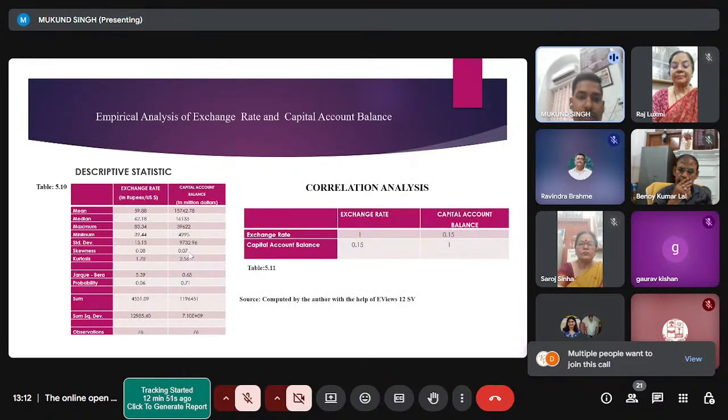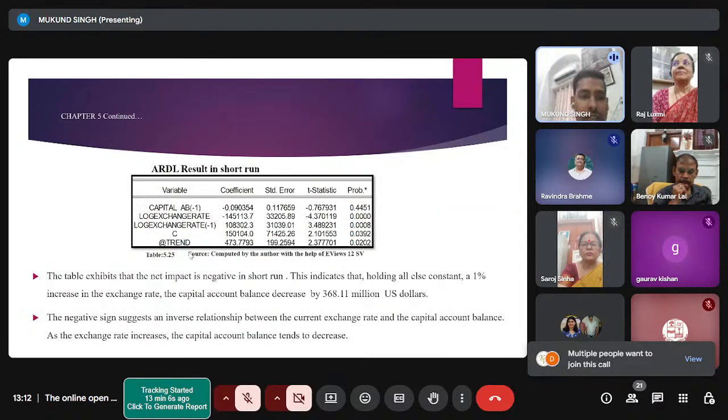Now, descriptive statistics. The mean of capital account balance during the study is 15.742 billion US dollar. The correlation is positive but weak. In the short run, the net impact is negative on capital account balance.